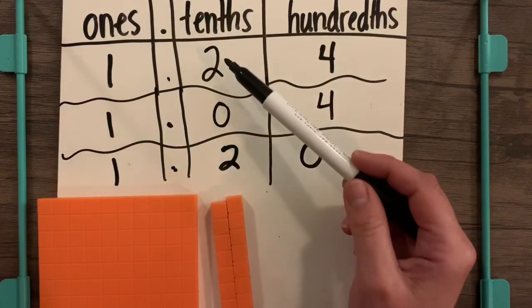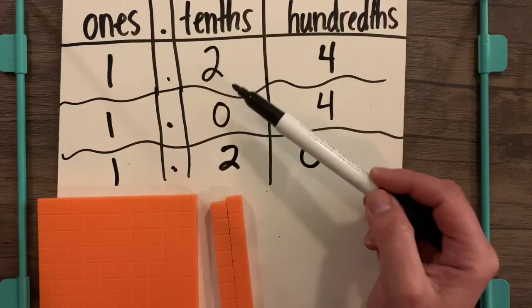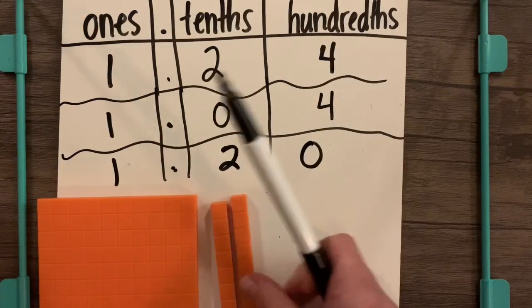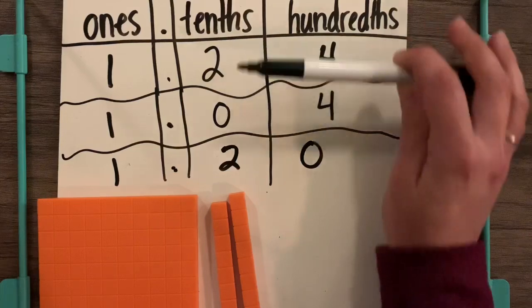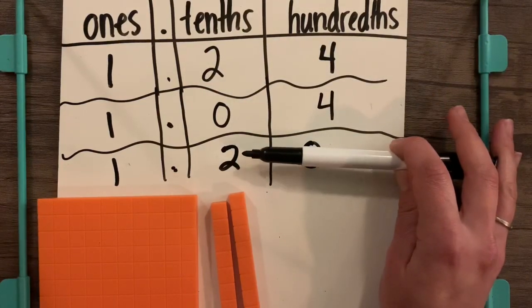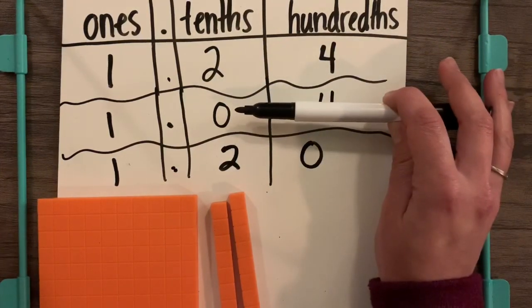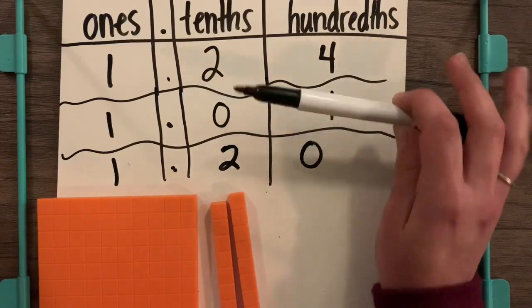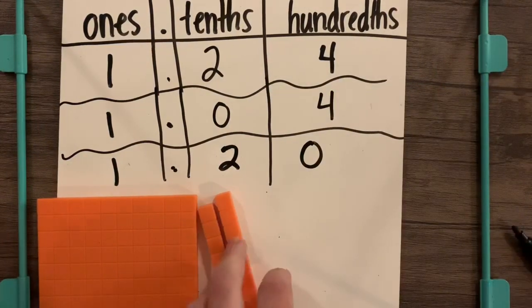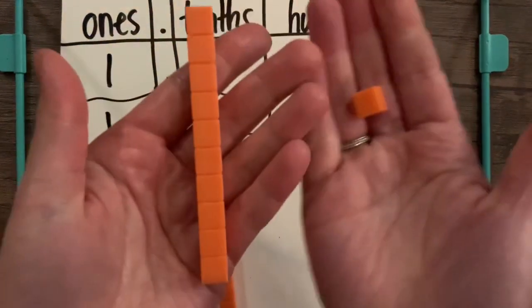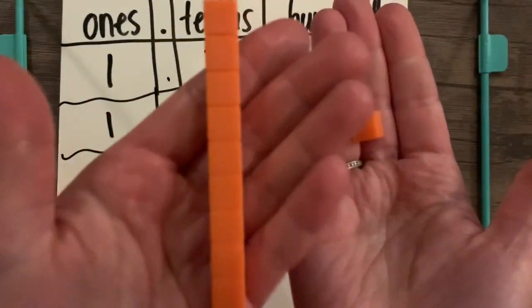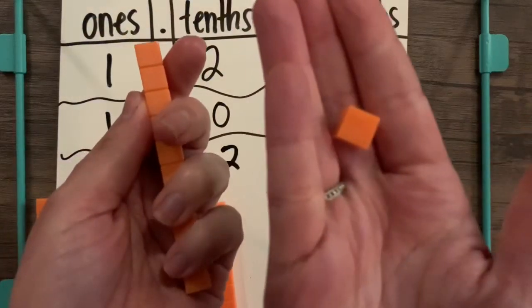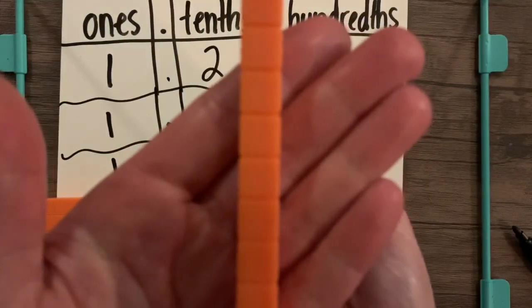Now here is where we compare. The tenths place value shows us groups of 10. So this number has 2 groups of 10 and this number has 2 groups of 10. This one does not have any tenths at all. When we look at tenths in comparison to hundredths, tenths are a lot bigger than hundredths because you need 10 of these to make one of the tenths.